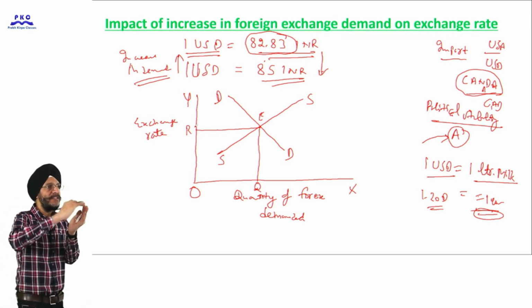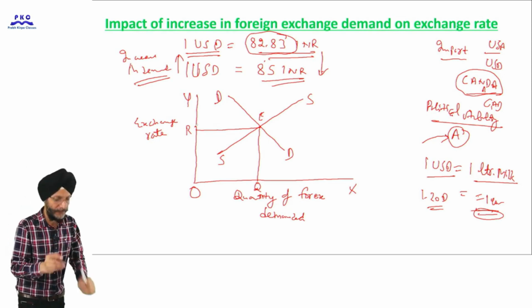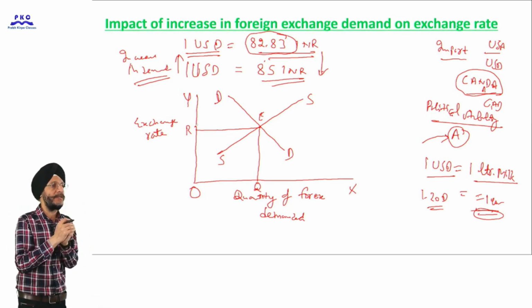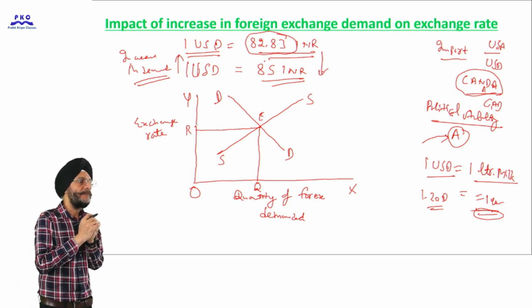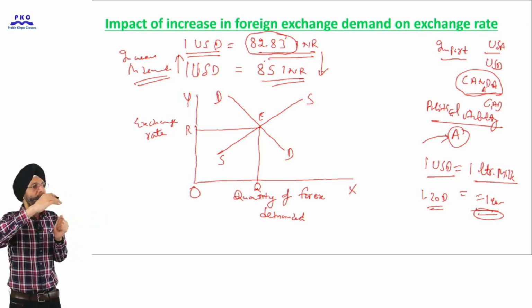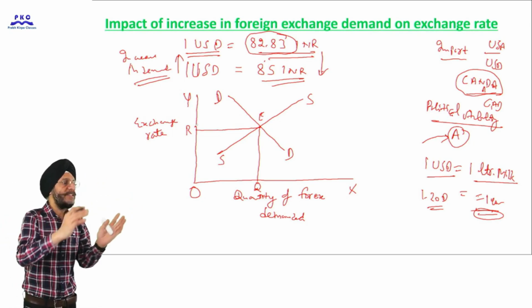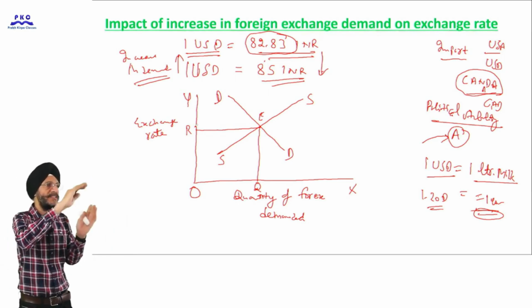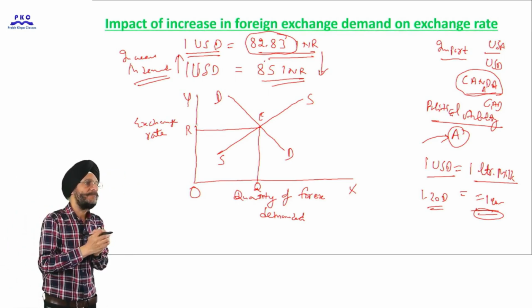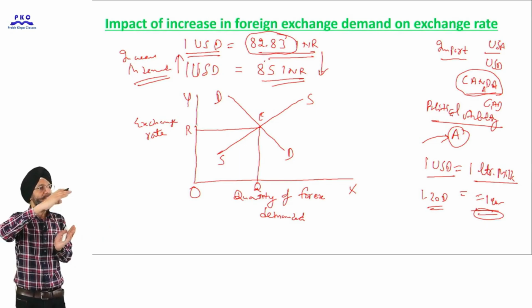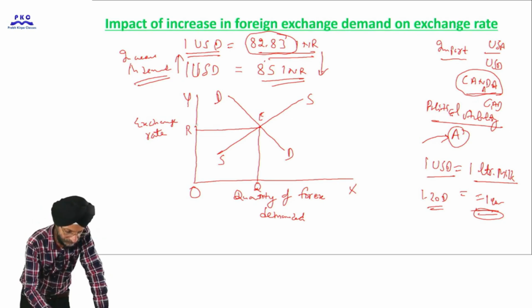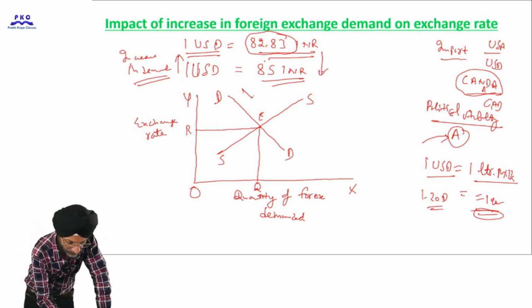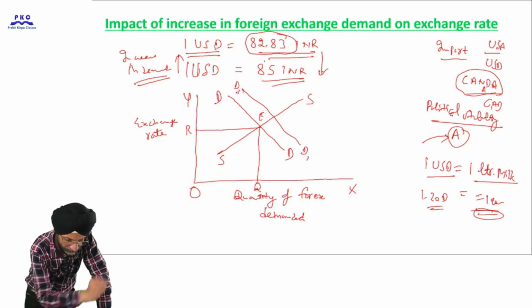So when there is an increase in demand, what will happen? Increase in foreign exchange demand. As transactions are taking place all over the world, if we say that there is an increase in demand for US dollars all over the world, what will happen? The demand curve will shift upward.